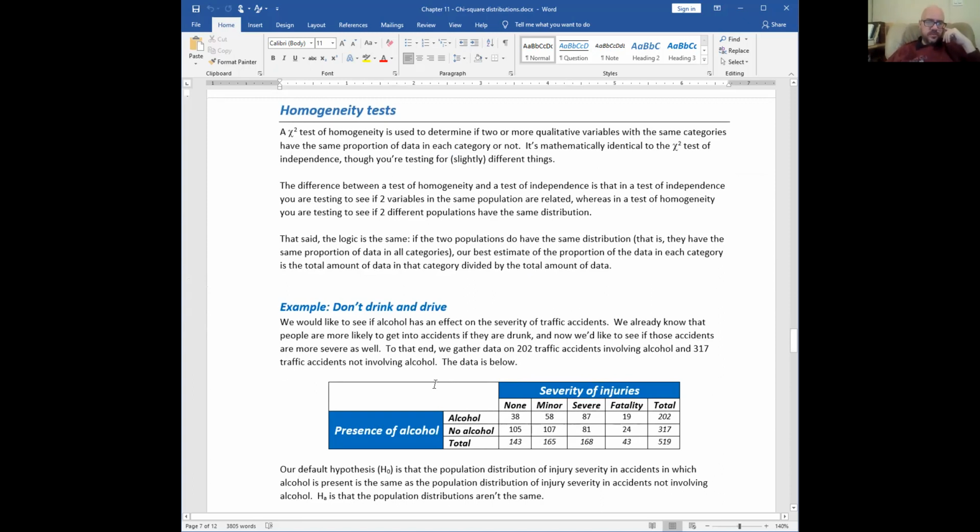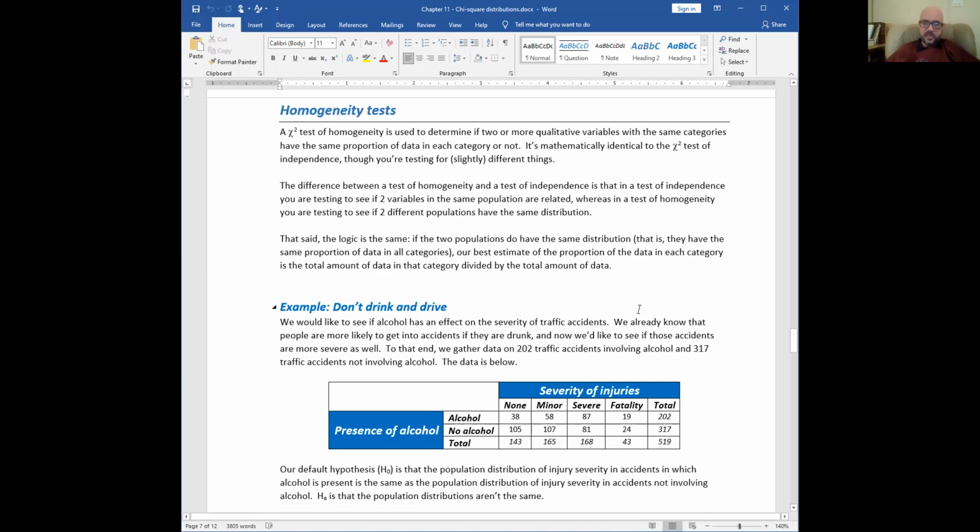So a homogeneity test is asking, let me back up a second. I didn't say that very well. They're called homogeneity because what you're asking about is, do these different populations have the same distribution of this one variable?